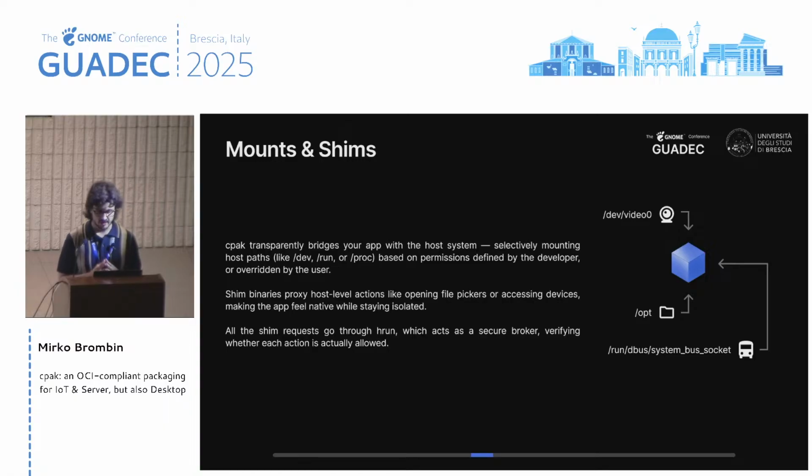Shims are files that create a bridge between the host system and the container. It's similar to what we get when using the host spawn system. Host spawn basically uses the Flatpak portal to spawn commands inside the host system, so your Flatpak can simply execute all the commands it wants if it has the permission to use the system.